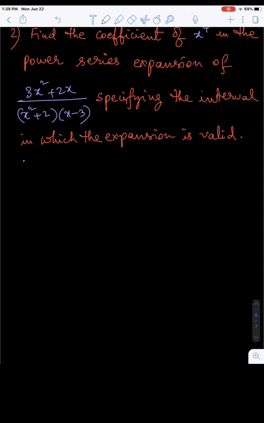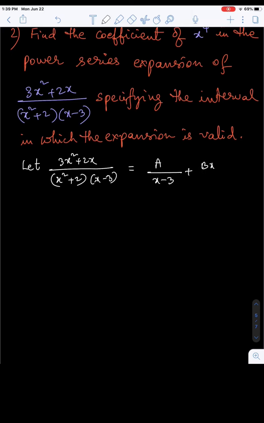No problem, we can do anything. First of all, the given fraction was taken: 3x square plus 2x by (x square plus 2) into (x minus 3). Let us write this in a way as A by x minus 3 plus (Bx plus C) by x square plus 2.